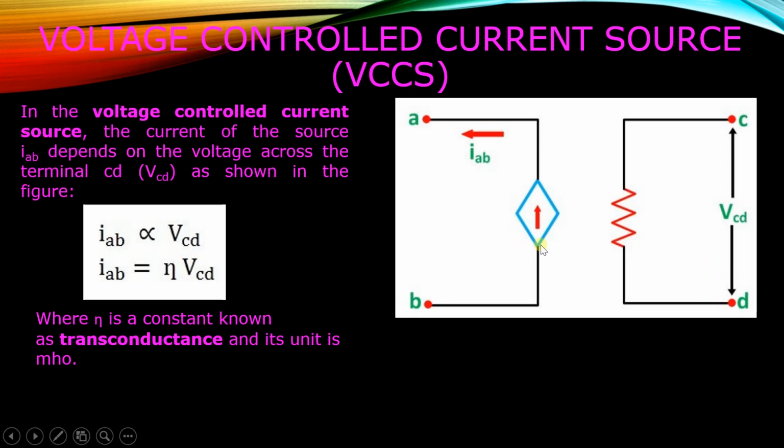We can write it as IAB is directly proportional to VCD, and we replace the proportionality by a constant eta, which is called conductance, and its unit is mho.